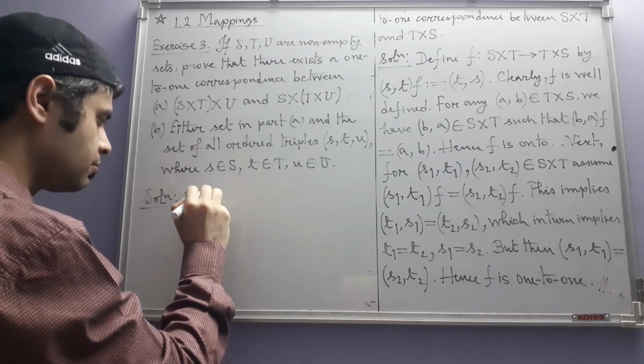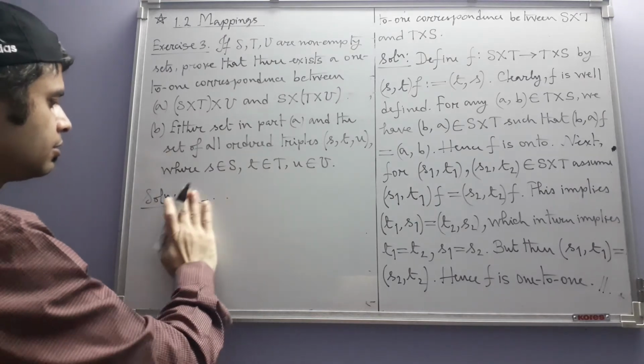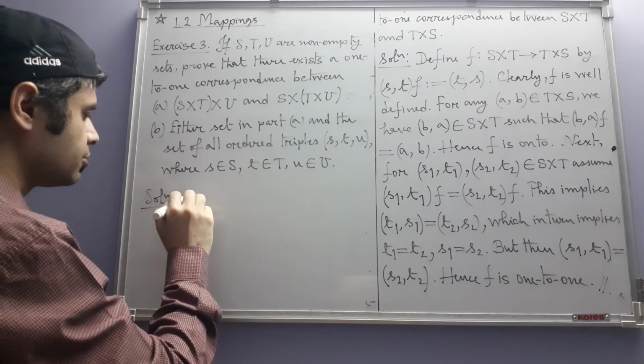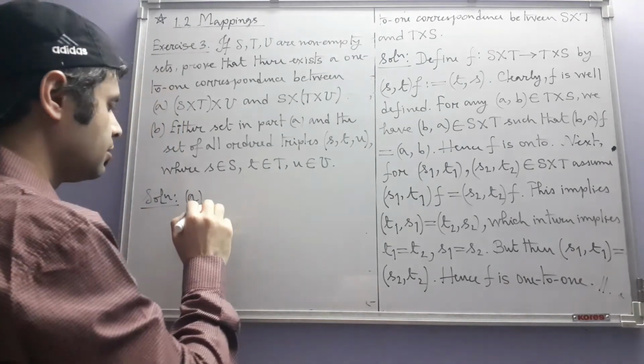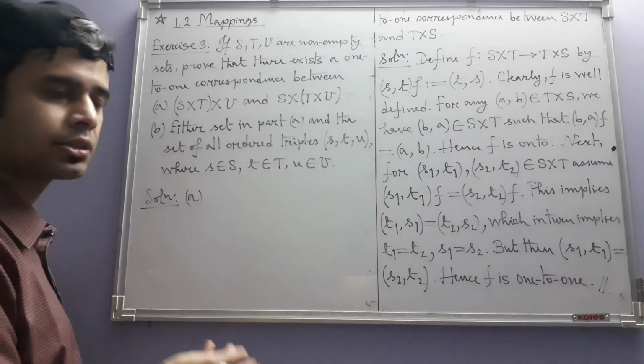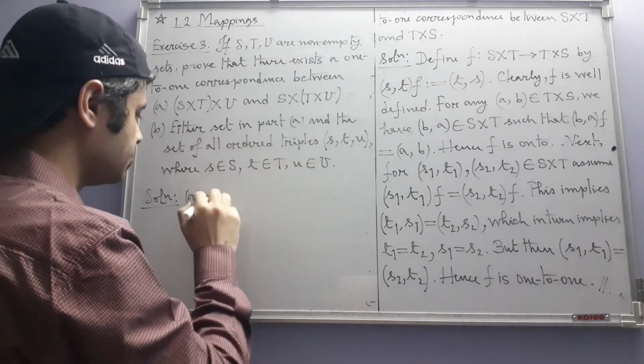So the solution is this. Define, or okay, there are two parts, no? So I have to mention A and B separately. Let me just do the first one, then you will understand how to do the second one.